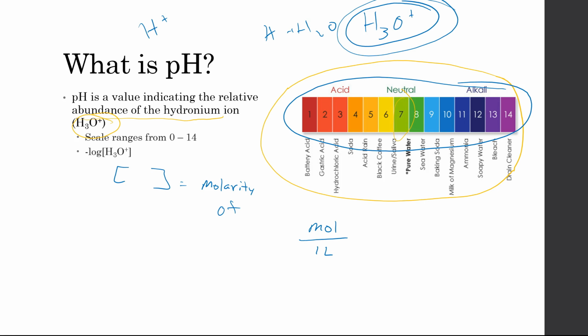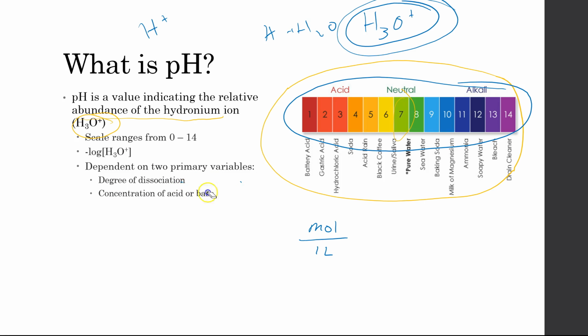Let's talk a little bit more about what we mean. All right? So the pH is dependent on 2 primary variables, and those variables are how well it dissociates. So again, we define this as how strong or weak the acid is, okay?